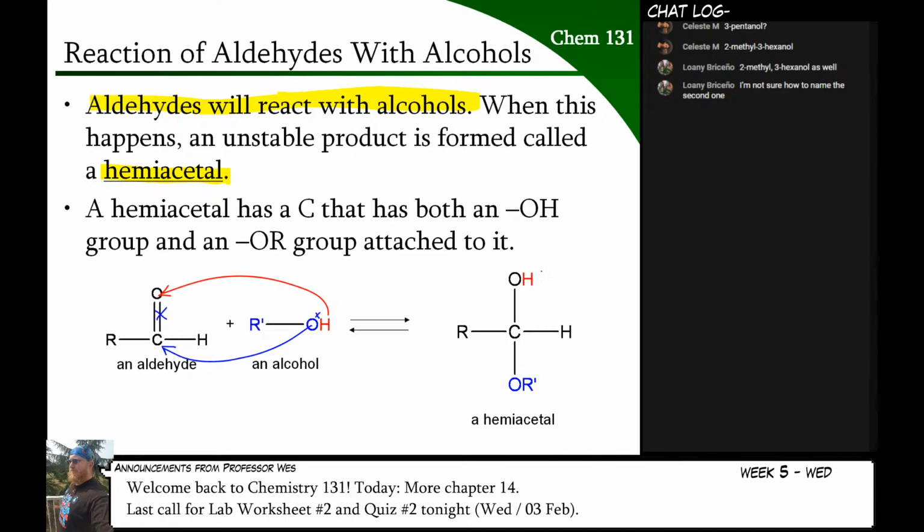So we've got an alcohol and then an OR group. The double bond from the carbon-oxygen goes away. It's gone. We've reacted across it. You can think of this as just like our addition reactions across the double bond, where I add the O end to the carbon and the H end to the O.